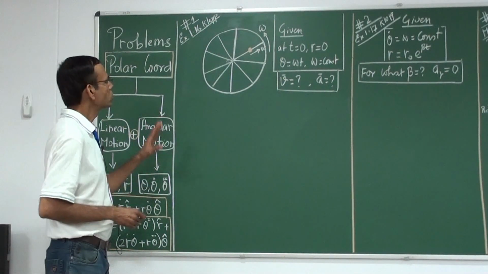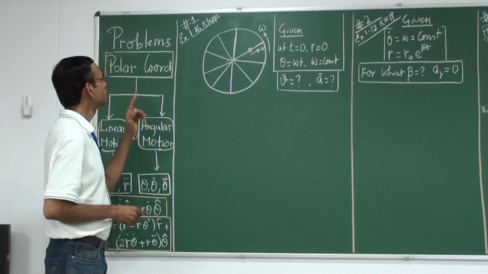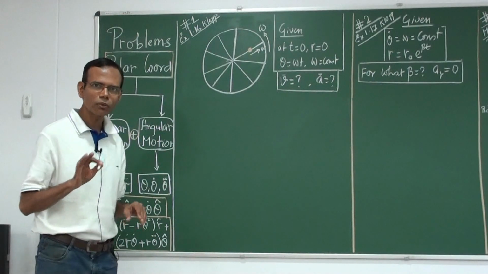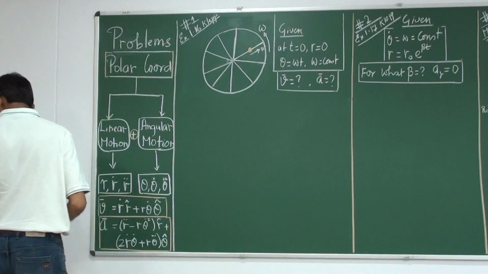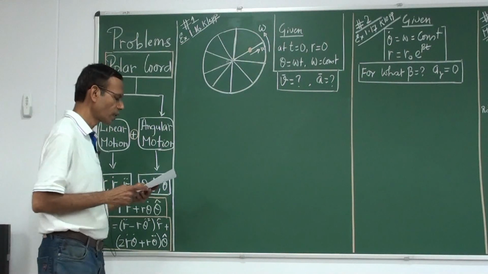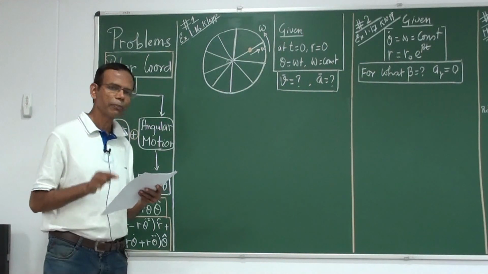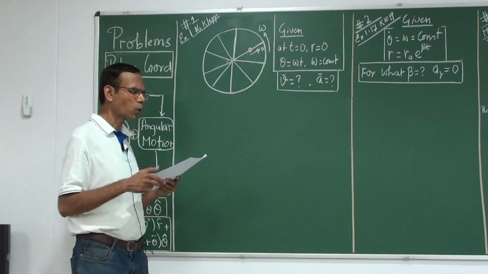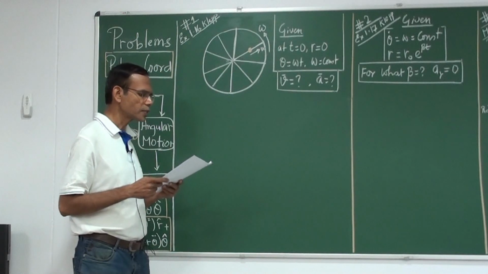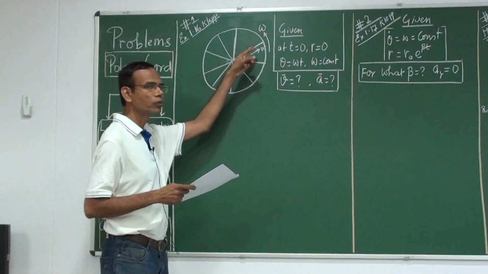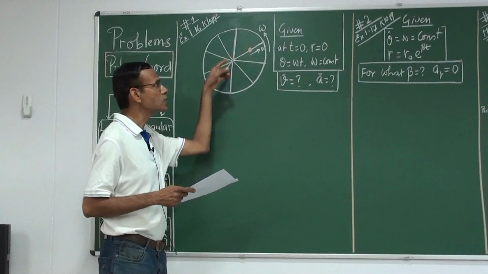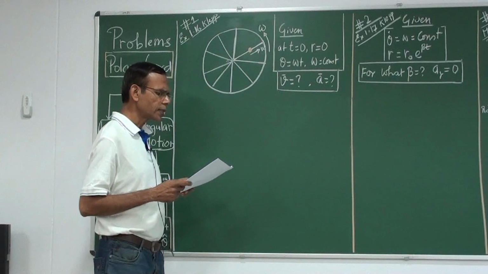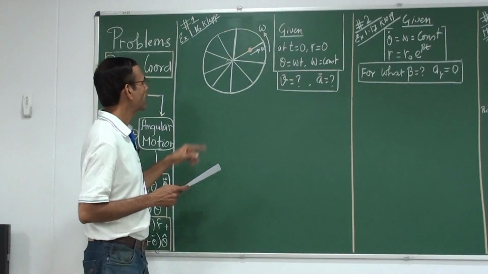Okay. So let us come to the first problem, that is example 1.16 of Kleppner. Let me read out the problem first. The problem says a bead moves outward with constant speed u along the spoke of a wheel. It starts from the center at time t is equal to 0.